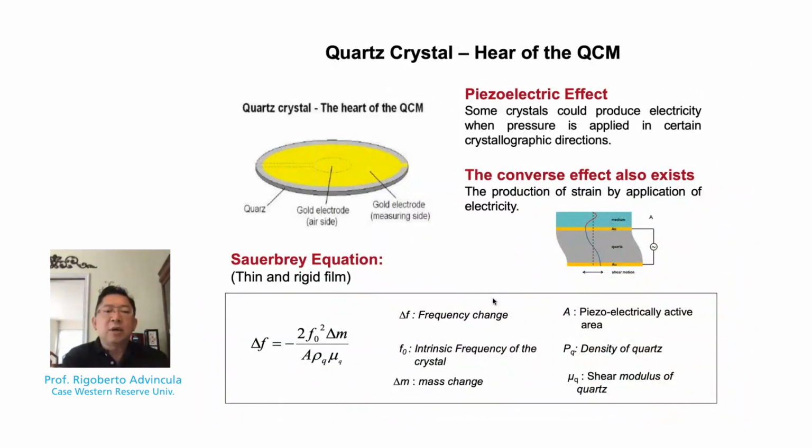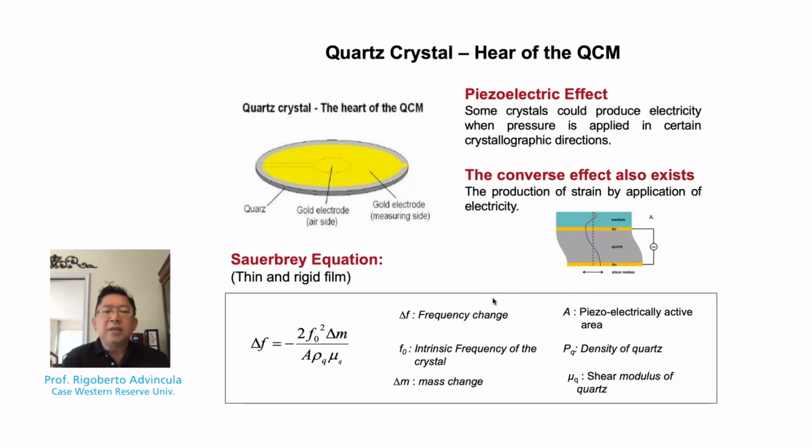Now, shown below is the Sauerbrey equation, which is more accurate when it represents a thin and rigid film. It shows that the experimental frequency shift is related to the fundamental frequency of the crystal itself, the area of the crystal, the density of the quartz crystal, and the shear modulus of quartz.